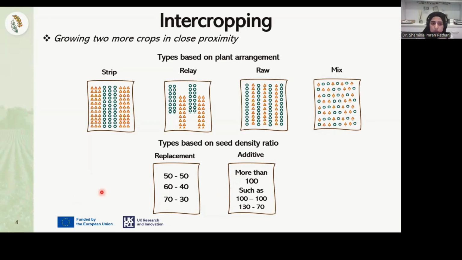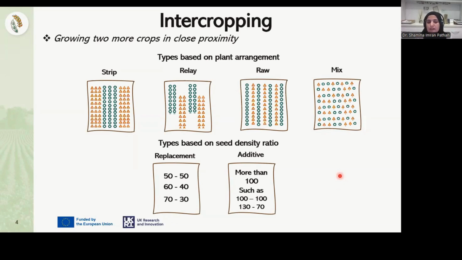But intercropping also has types based on the seed density ratio. Mainly we are using the replacement design, where you just grow 50% of legume and 50% of cereal. The ratio can also be changed to 60-40, so you are just replacing. But the other kind is the additive design, where on the same land you are growing more than 100%.